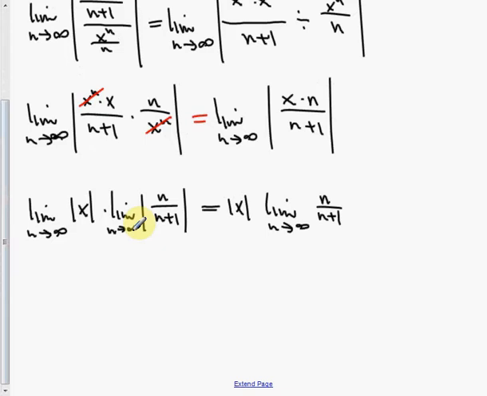Well, what happens when you have n divided by n squared minus n, or n divided by n to the third plus 5?